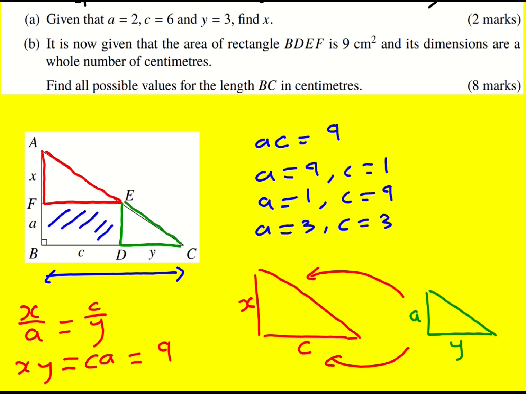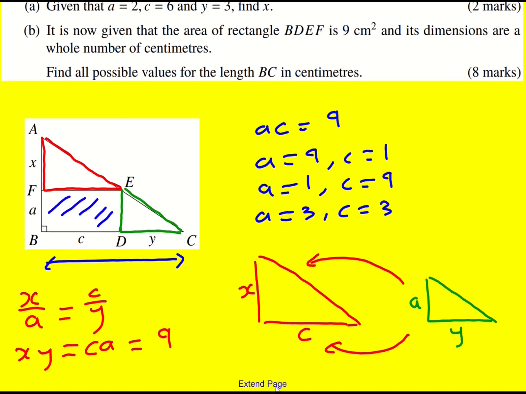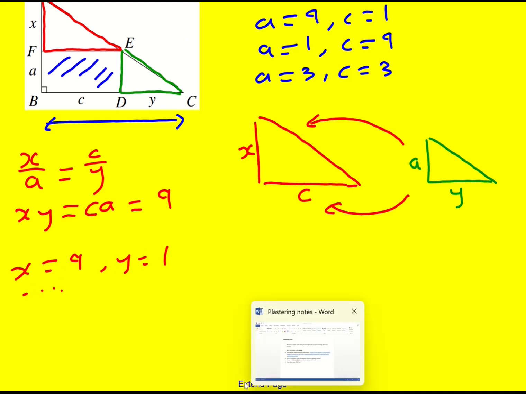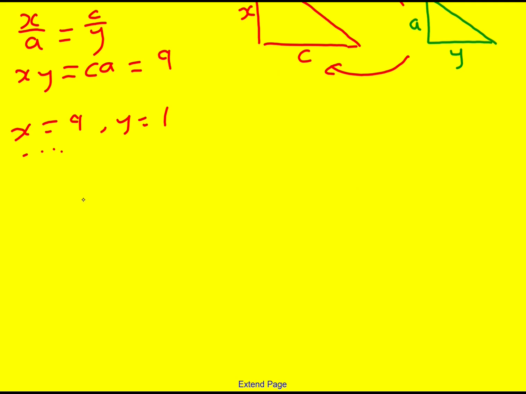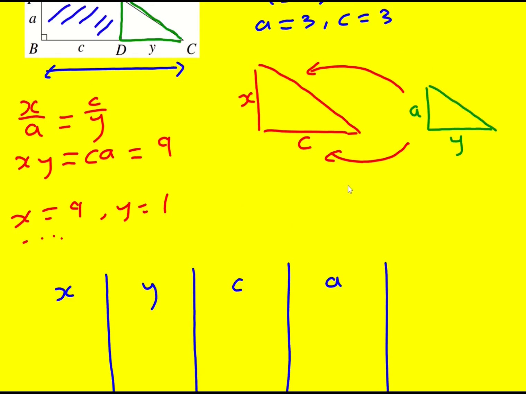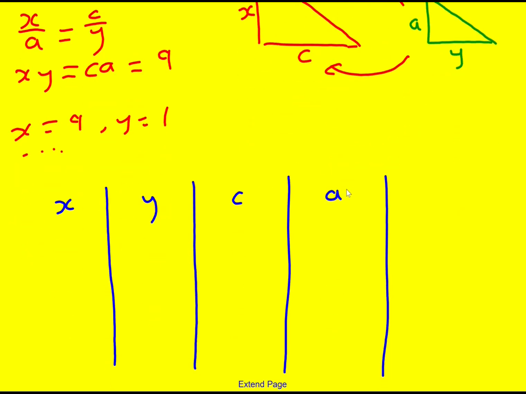And I can actually just do everything all in one go. So x can equal 9, and y can equal 1, and so on. And what I'm going to do now is create a table of values, which ultimately, remember, we want to find out BC, which is y plus c.